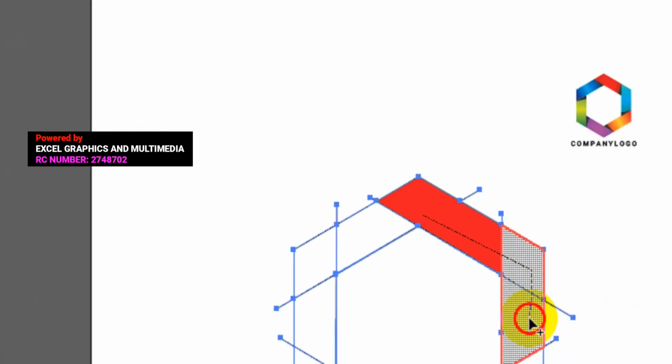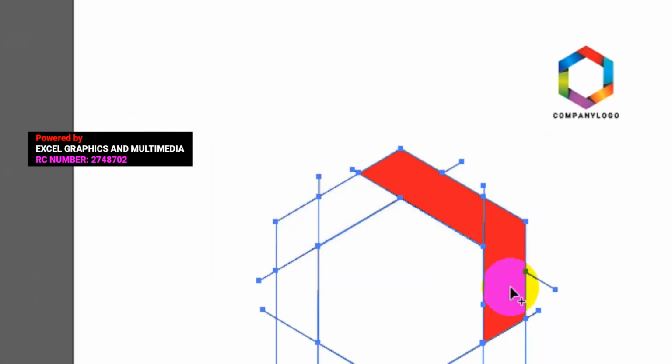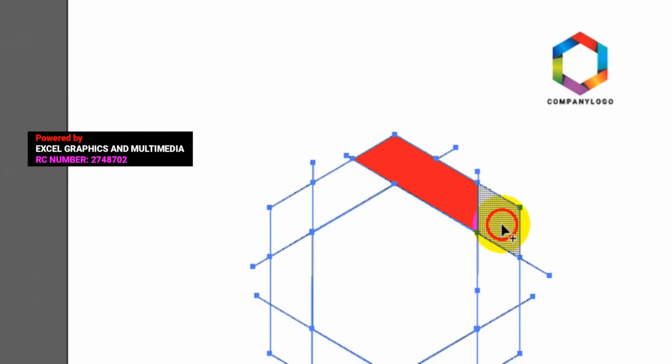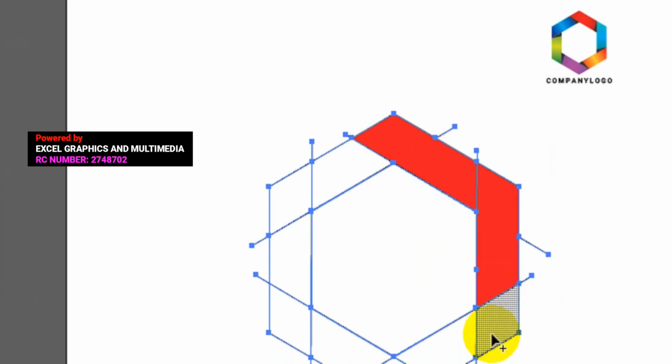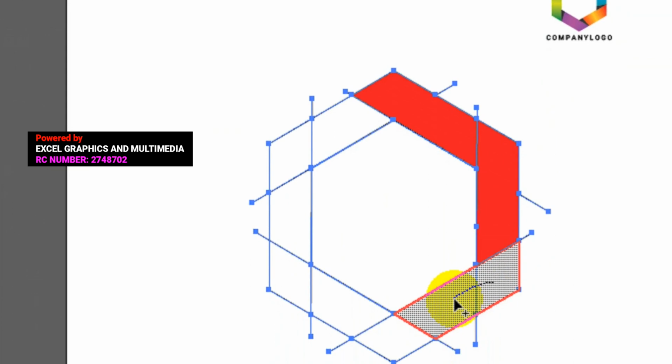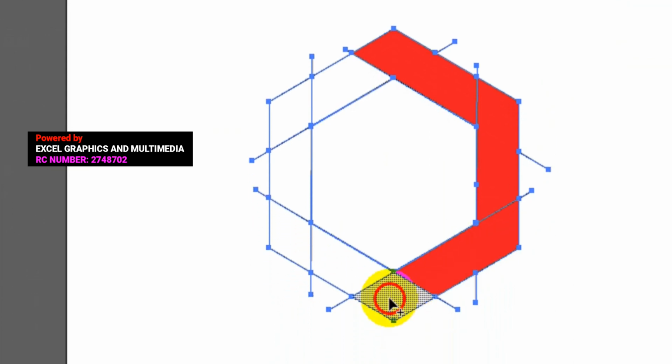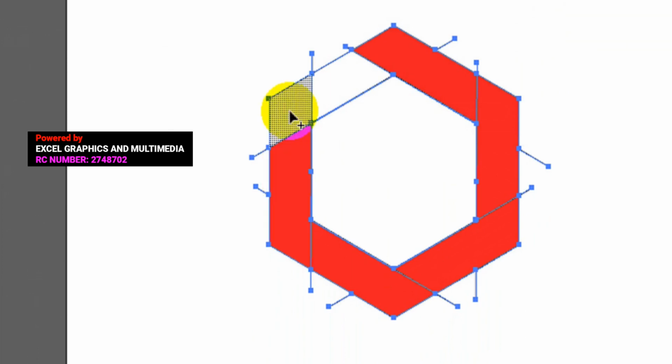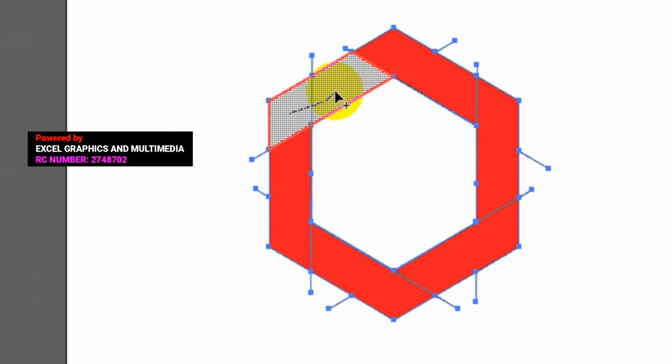Then this one also, I will connect it here. Ctrl Z. Connect this one, then you connect this one also, then you connect this one, connect this one, so you connect this one also.